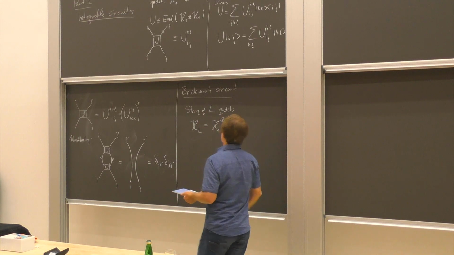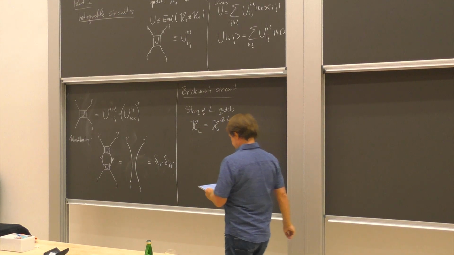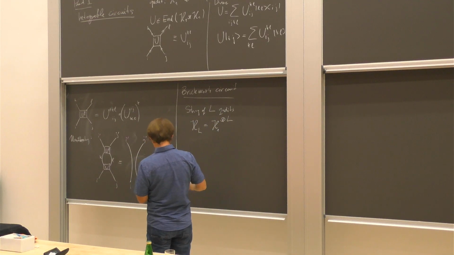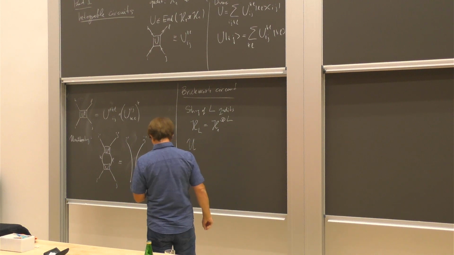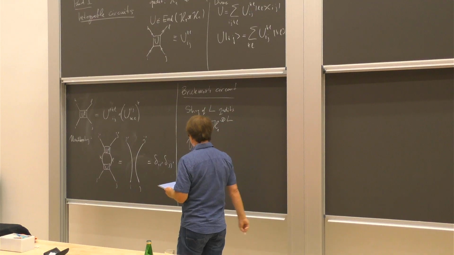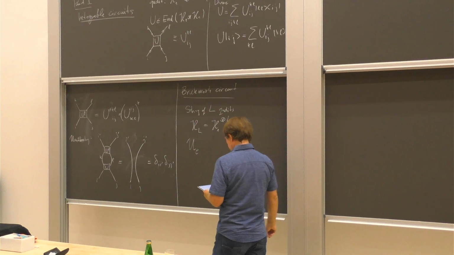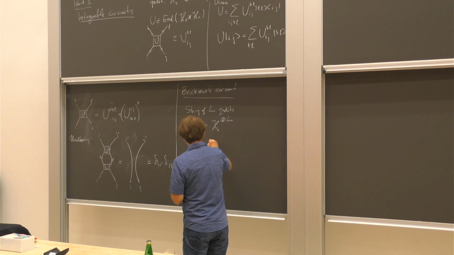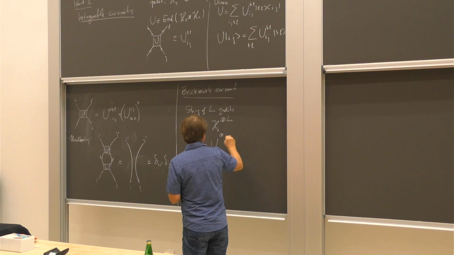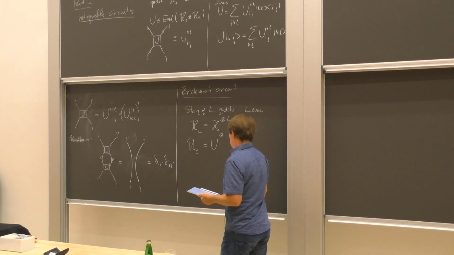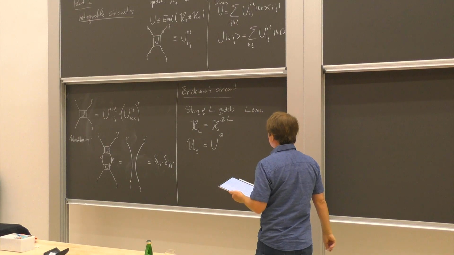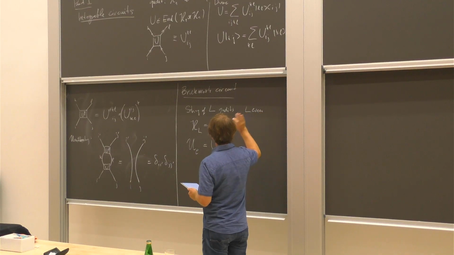Now define a unitary, which I will call U even, with the subscript E. U even will be a tensor product of L over 2 copies of U. L should be even to make life simple. If L is odd, we can also cook up something, but we have to discuss it separately.